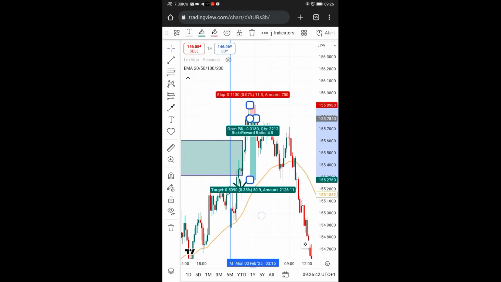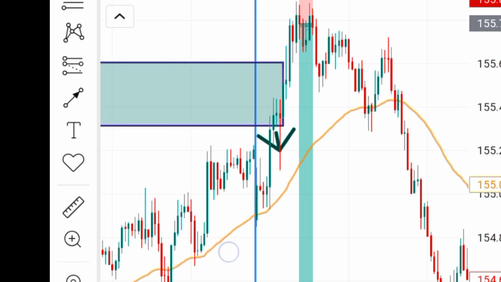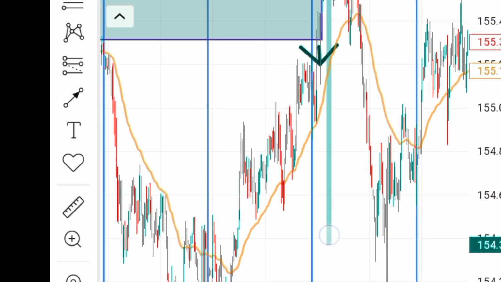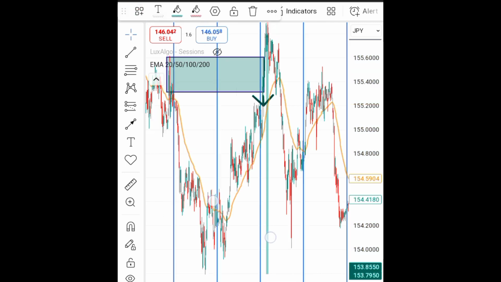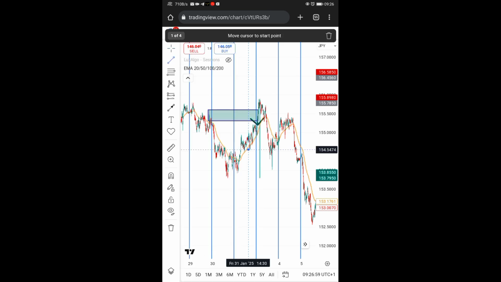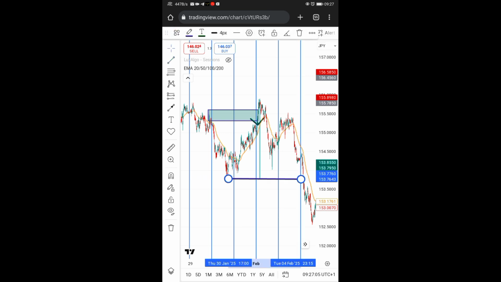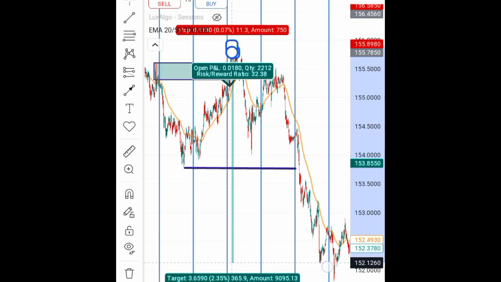So I will short it right there, and you see your first TP has to be this low right here, which is 1:17. You are using your M15 to do this, not even your 5 minutes. That is 1:17, and you can go further to 1:20, after which you move your stop loss to break even.